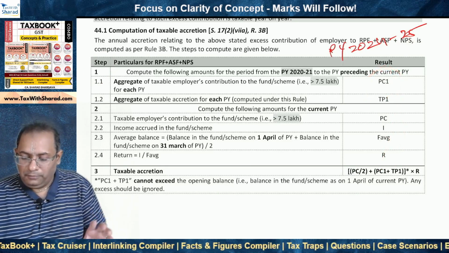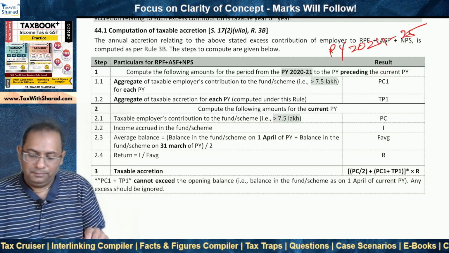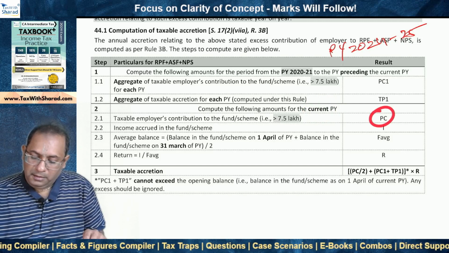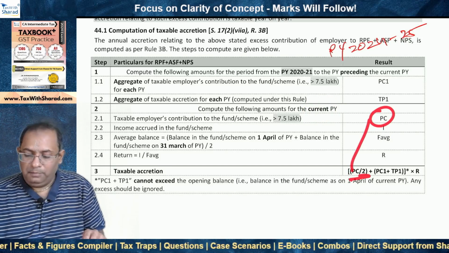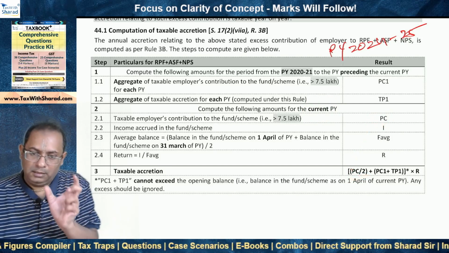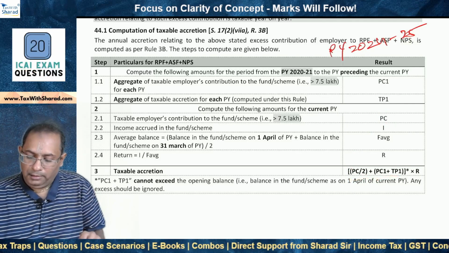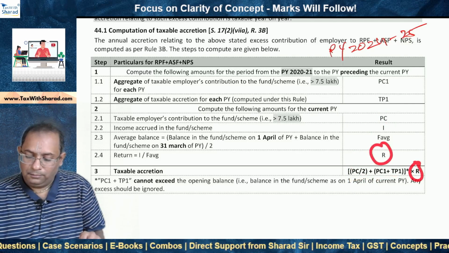We add both these, PC1 plus TP1. This is one amount that we get. For the current year, we take PC divided by 2. This is the second amount that we get. We add both and then we multiply the aggregate by R.